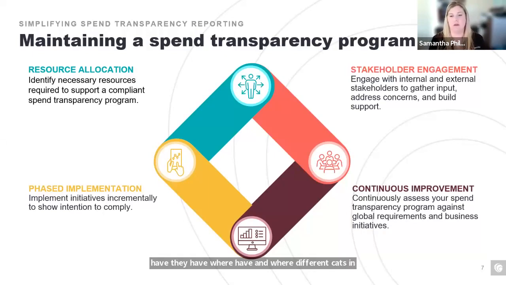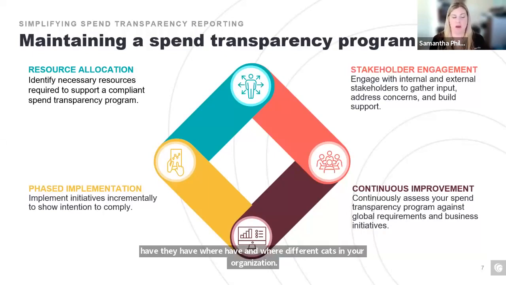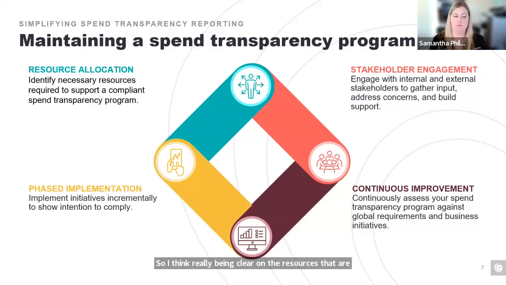So being clear on the resources that are required to be effective is really important. And like Morgan said, later in the presentation, we'll talk a little bit about how you can build a business case to bring technology in as one of those critical resources to maintain your program.